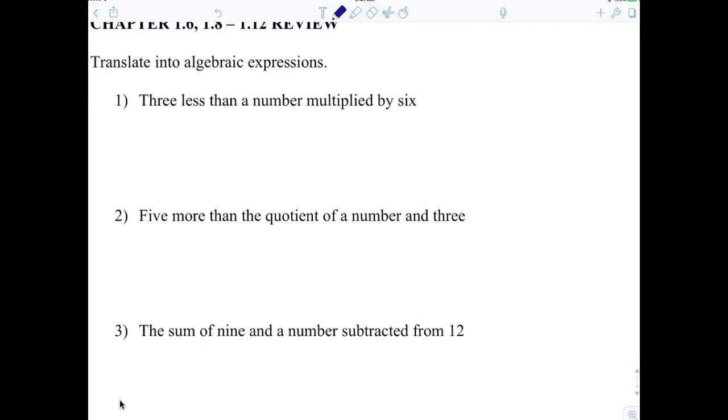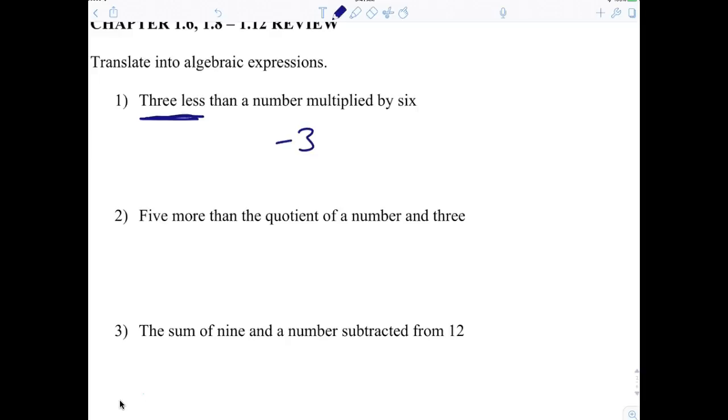Now here's the tricky part. Now we're into the real review. Now, when I say 3 less than, listen to me. Am I starting at 3 or am I subtracting 3? I'm subtracting 3.